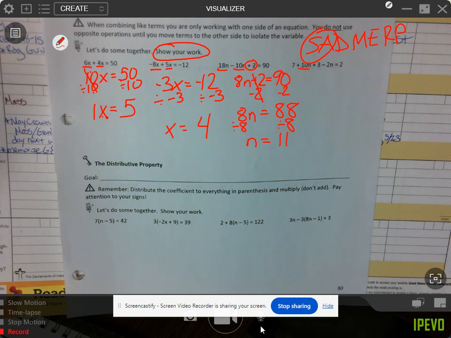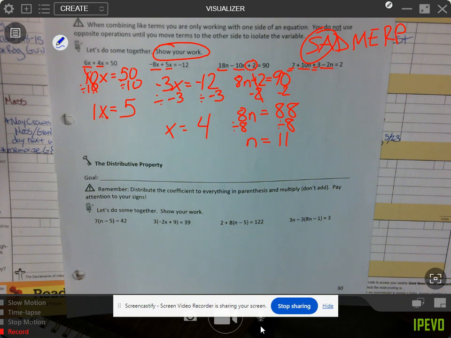I have my variable n's, and I have my constants. So I draw my lines so I keep track of what I'm combining so I don't miss combining something. Remembering that I have to have the operation with that term. It's not a 2, it's a minus 2.